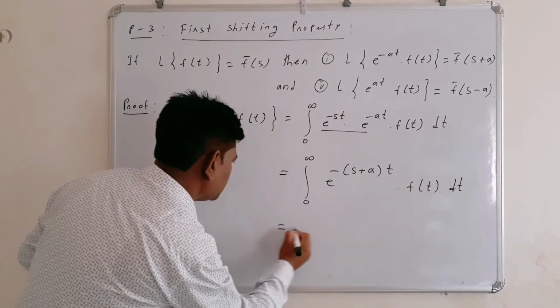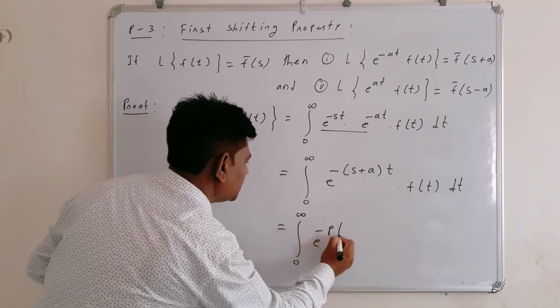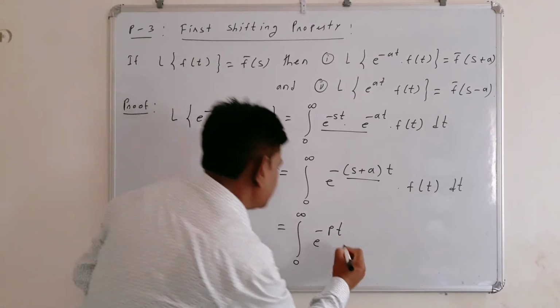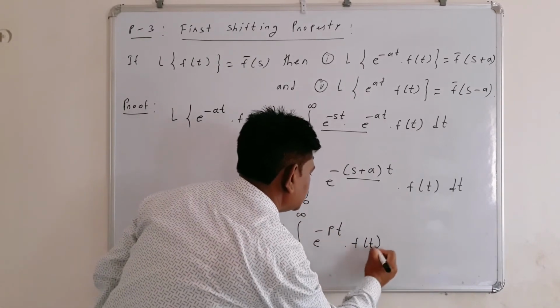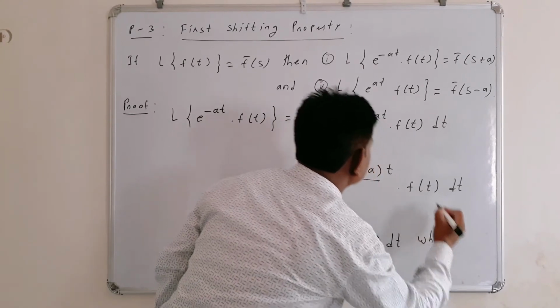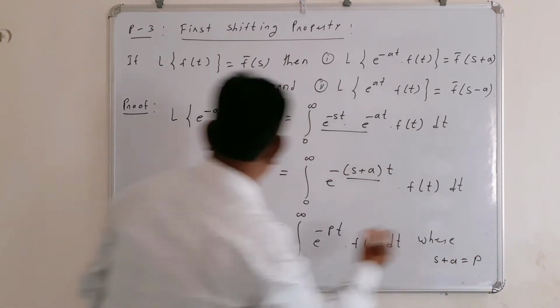This is equal to integration 0 to infinity e to the power minus p times t, where we denote s plus a as p, times f of t dt, where s plus a is equal to p.